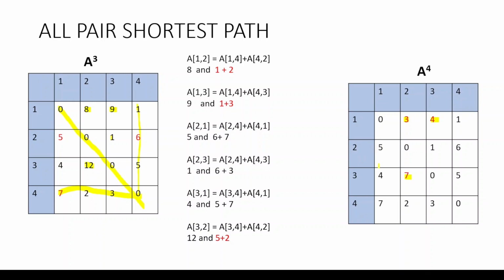Similarly 2 and 1 the shortest path is 5, 2 and 2 it is 0, 2 and 3 the shortest path is 1, 2 and 4 the shortest path is 6, and 3 and 1 the shortest path is 4, 3 and 2 the shortest path is 7, 3 and 3 the shortest path is 0, 3 and 4 the shortest path is 5, 4 and 1 it is 7, 4 and 2 is 2, 4 and 3 is 3, and 4 and 4 is 0. Hence we have concluded the shortest paths between all pairs of vertices.